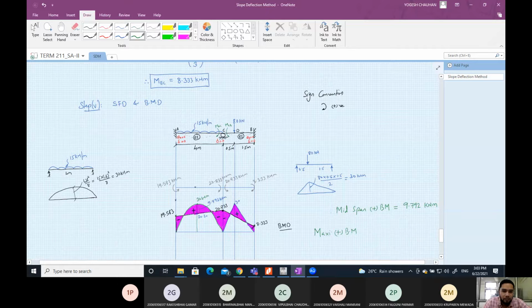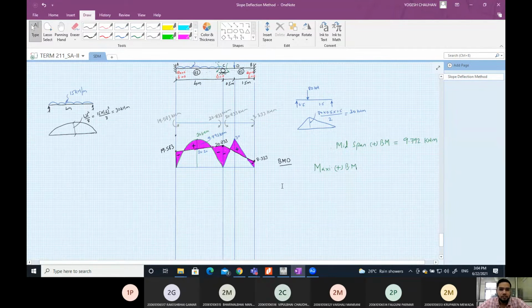For that you first have to find the point of zero shear. Where the shear force is zero, the bending moment will be maximum. So you first have to find the point of zero shear and take the moment at that point. You will get the maximum positive moment.